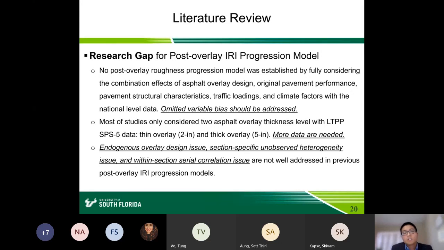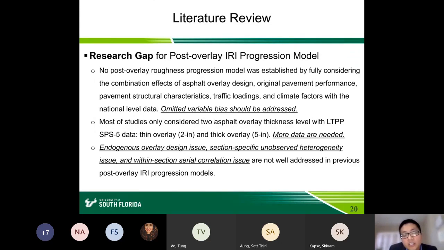In addition, most of the previous studies only consider two overlay thickness levels, like a thin overlay and a thick overlay, like 2 inches, 5 inches. They didn't consider the continuous variable of the overlay thickness on the pavement deterioration.